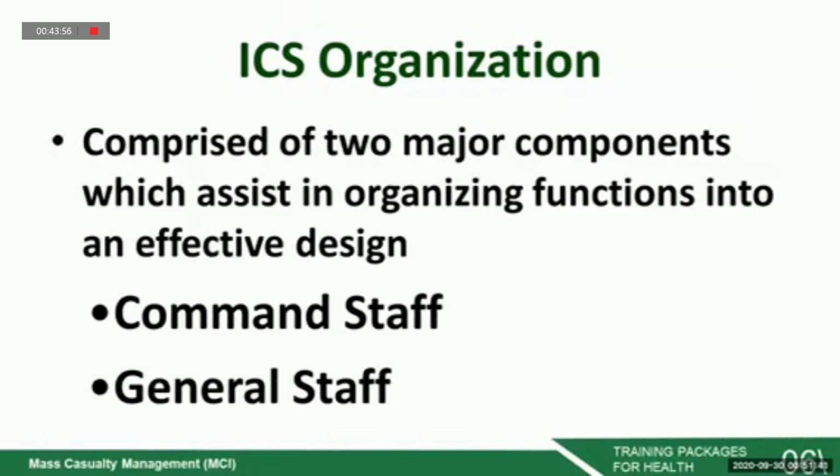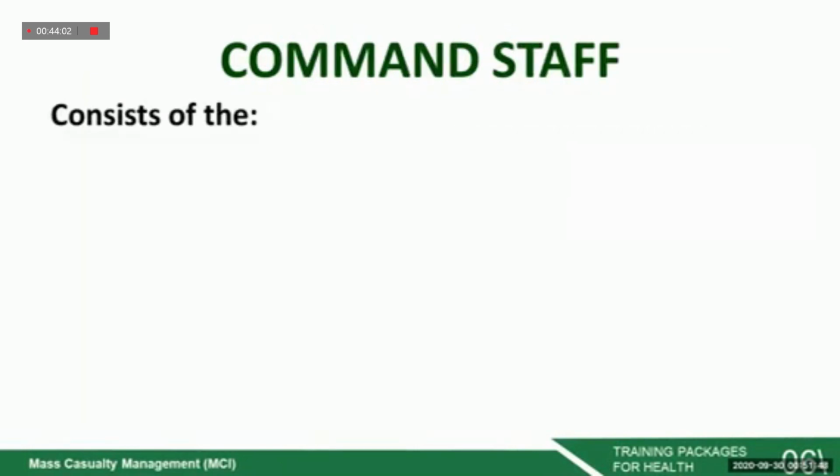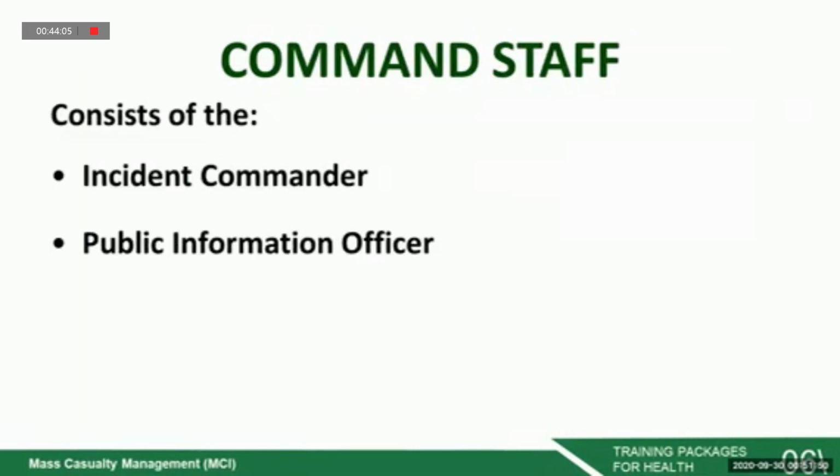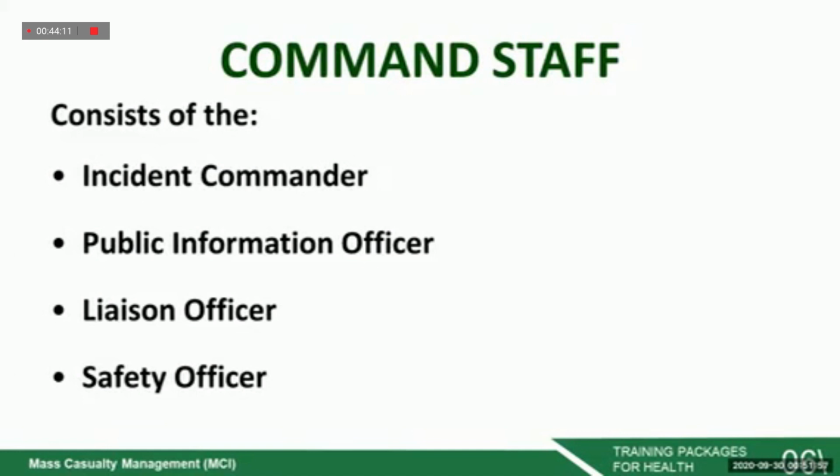The ICS comprises two major components: your command staff and your general staff. The command staff consists of the incident commander, the PIO, the liaison officer, and your safety and security officer.